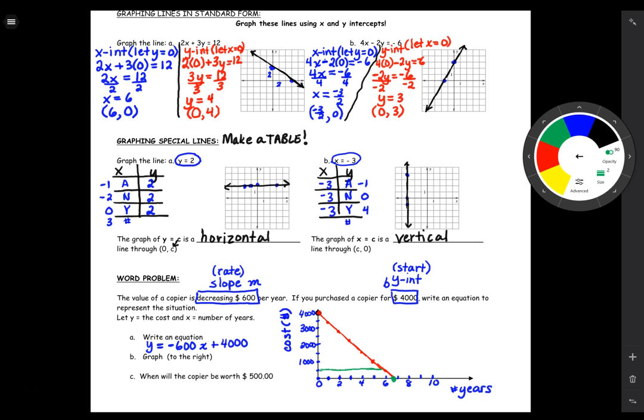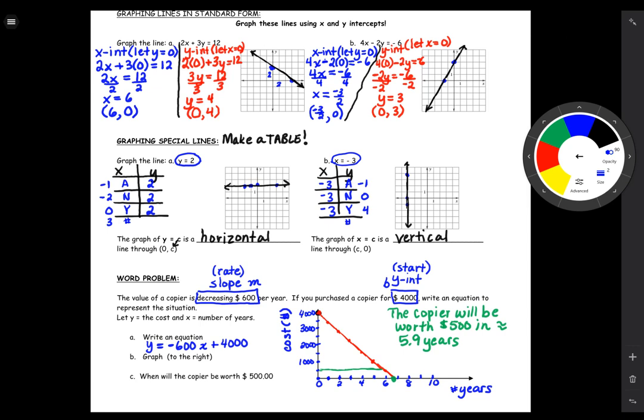So based on our graph, part C, the copier will be worth $500 in about 5.9 years.